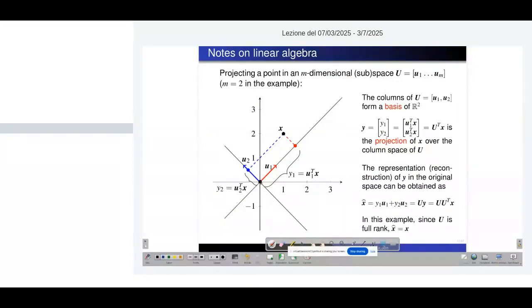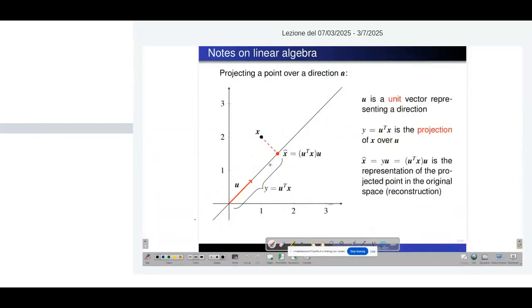So when we talk about subspaces, we consider planes, lines, spaces, but what's important is that they all contain the origin of the original space. So here the origin is preserved. When I was going from 2 dimensions to 1, the origin was contained also in the subspace.